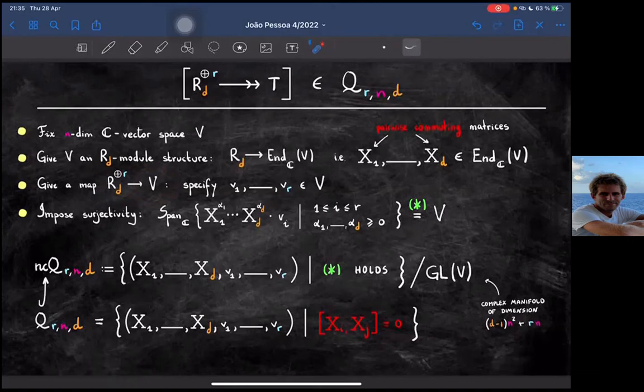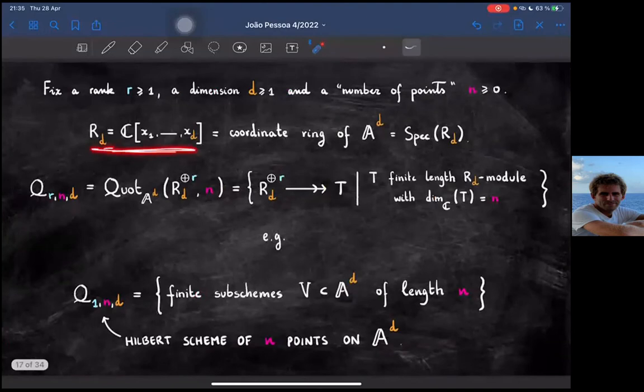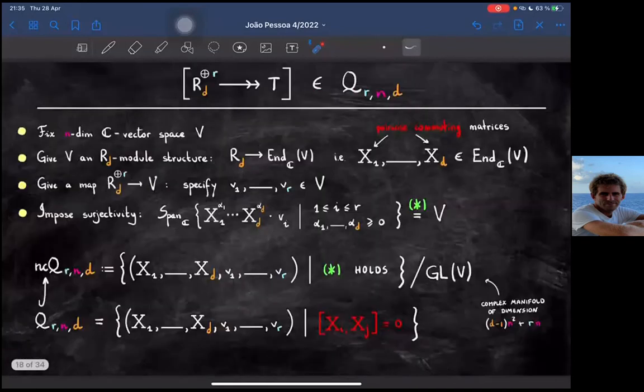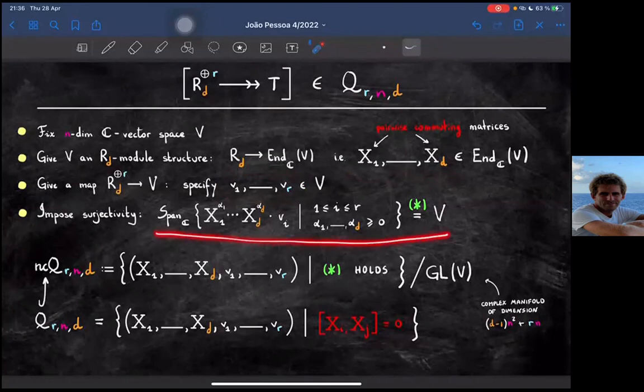Okay, but what is surjectivity? Well, the polynomial ring is spanned by the monomials. So Rd is this ring, right? So it's spanned by monomials in x1 to xd. But I just assigned the matrices to x1 to xd, and so I must declare that monomials in these matrices applied to these image vectors span the whole of V. And this is this condition that I wrote here.